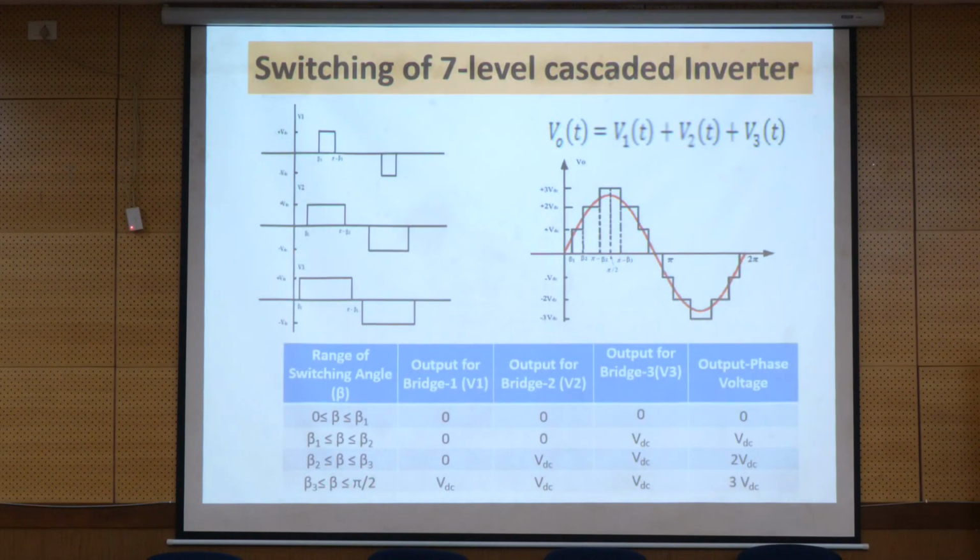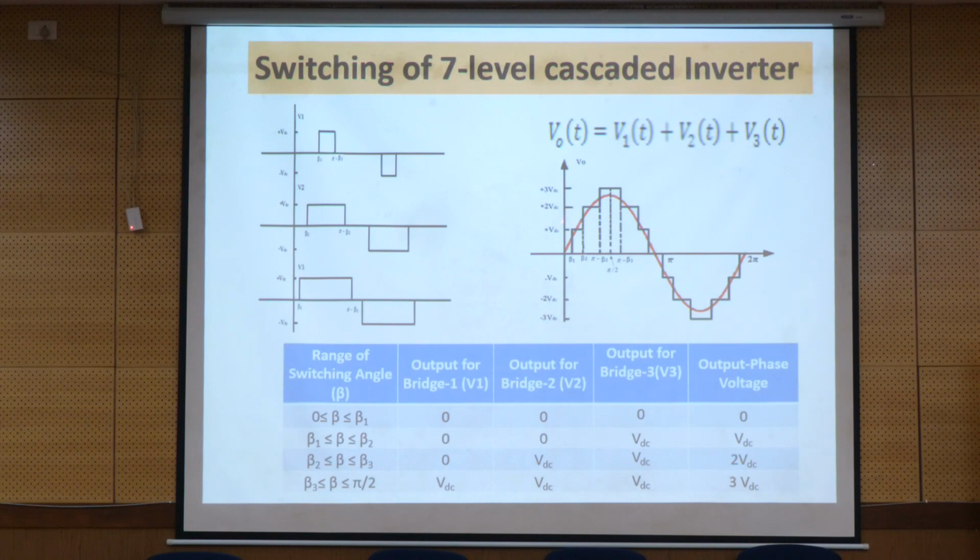Now I will come to the 7 level cascaded H-bridge inverter module, applying the carrier based PWM technique, that too the level shifted PWM technique. These are the switching angles, and you have V1, V2, V3, where the output voltage is equal to V1 of t plus V2 of t plus V3 of t.